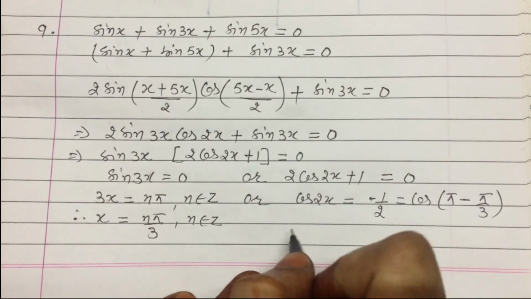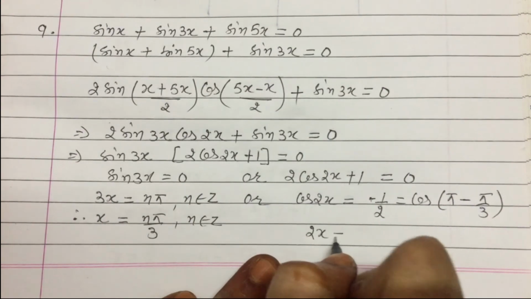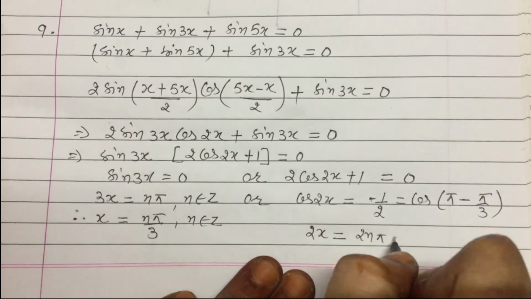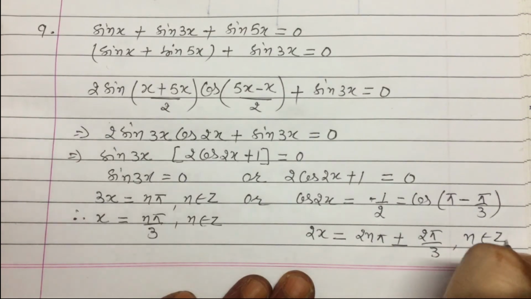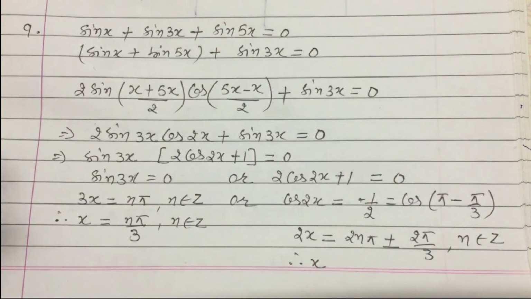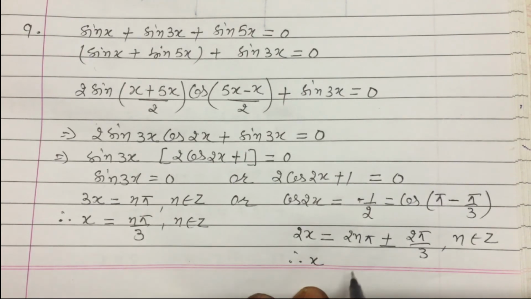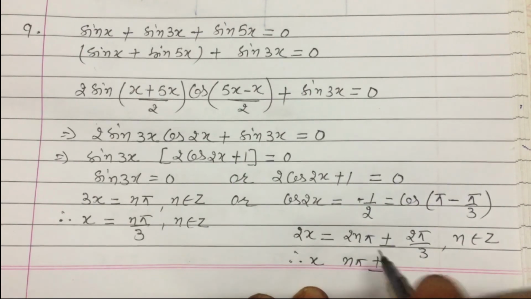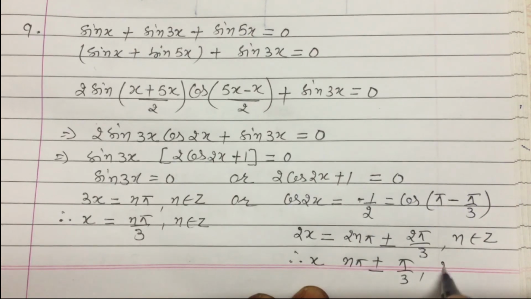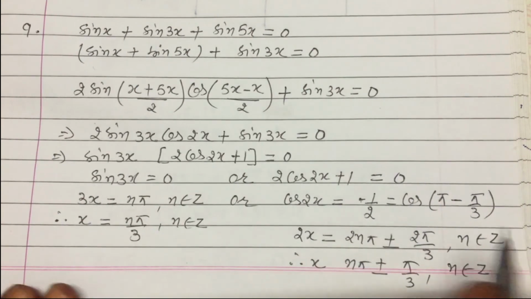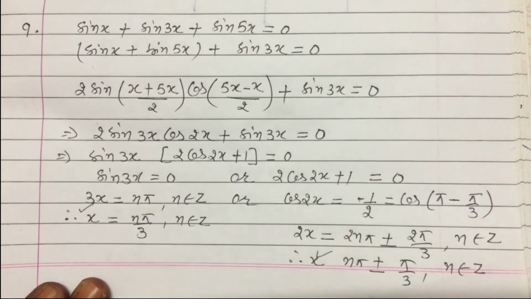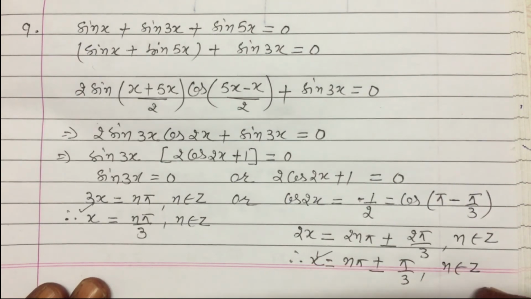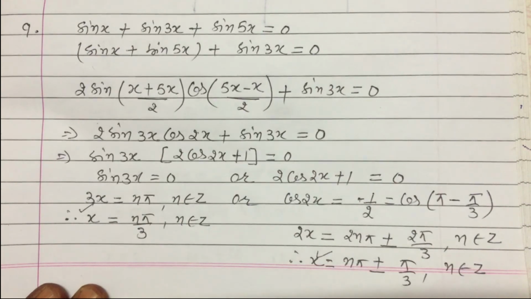So 2x is equal to 2n pi plus minus 2 pi by 3, n belongs to z. So x is equal to n pi plus minus pi by 3, n belongs to z. So the answer is x is equal to n pi by 3 and x is equal to n pi plus minus pi by 3, n belongs to z. This exercise ends here.